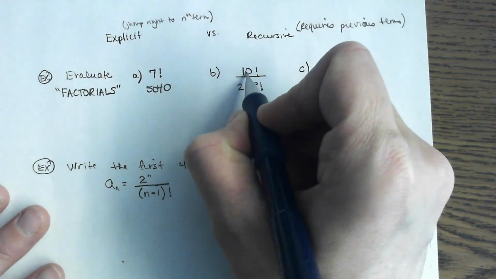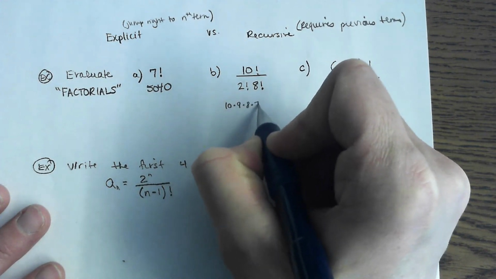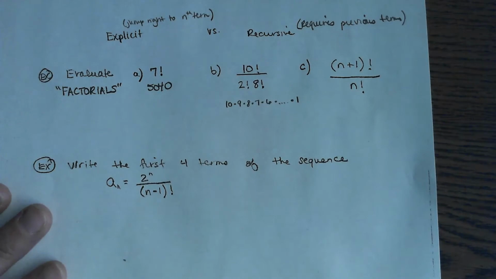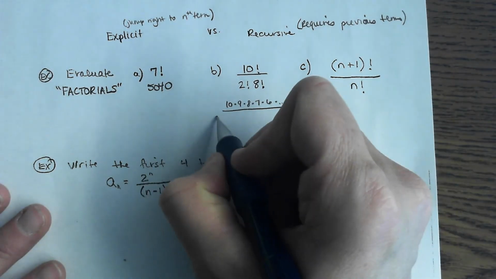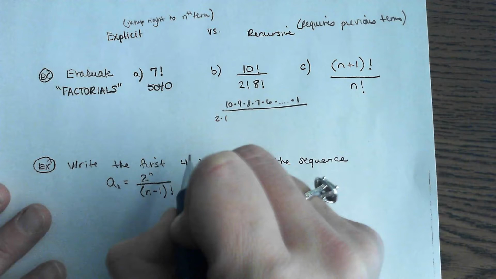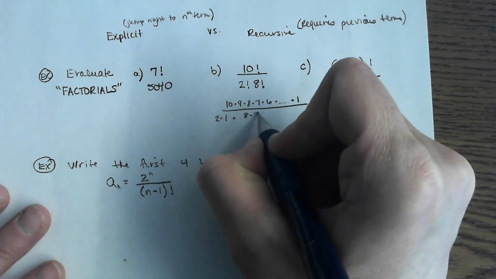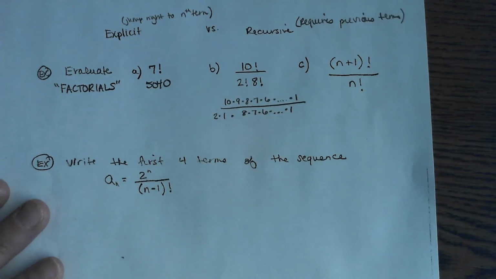For example, 10 factorial is 10 times 9 times 8 times 7 times 6 and so on, all the way down to 1. And 2 factorial is 2 times 1, and 8 factorial is 8 times 7 times 6 and so on, all the way down to 1.